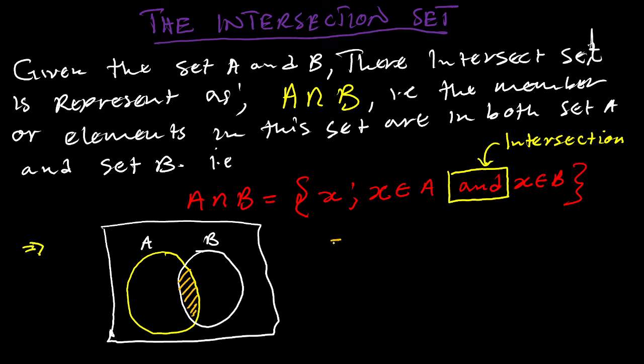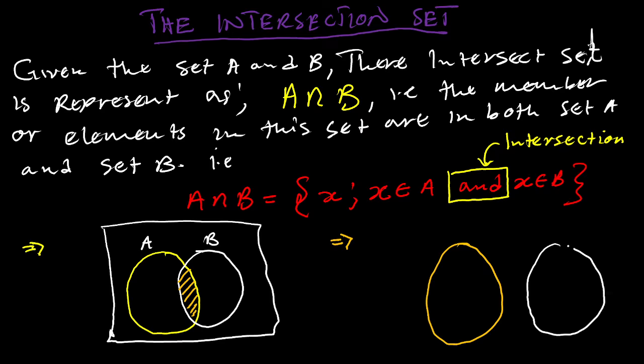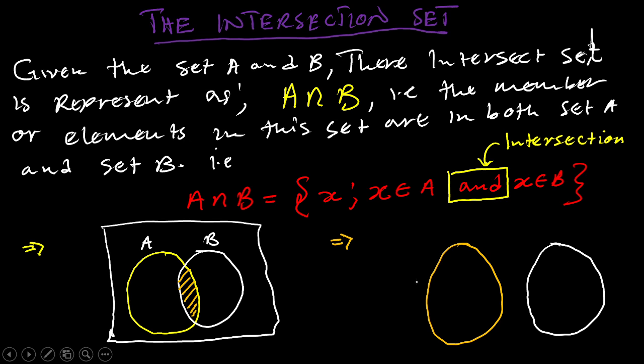Then for the disjoint set, I can present it like this. So let's say I have this as the set A and this as the set B. This one on your right hand side is a disjoint set.